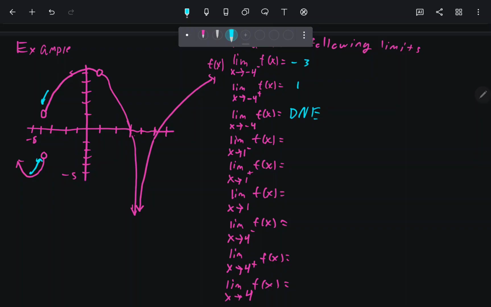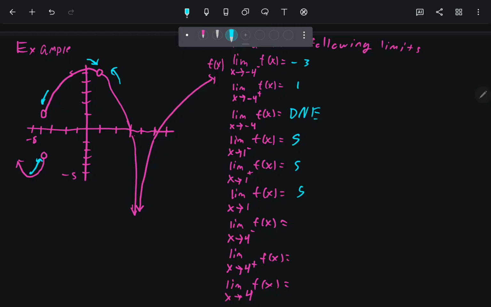Once again, as f of x approaches 1 from the left, that looks to be about 5. What happens whenever we approach it from the right? Well, that's also 5. That means that the limit is 5.